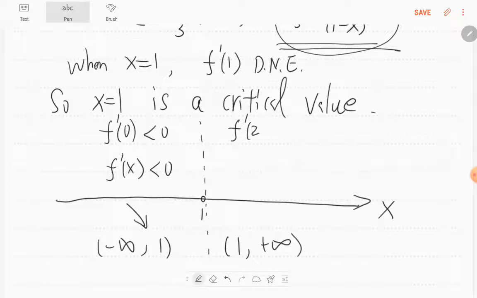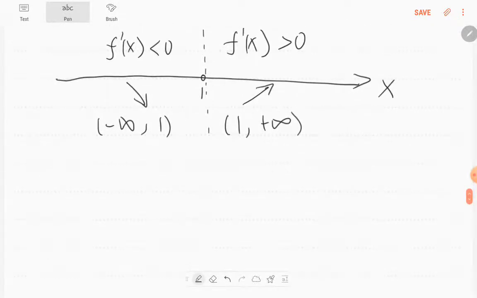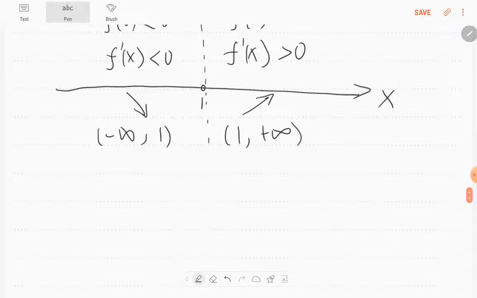Then you will see this would be a positive number, so on this interval it's increasing. So we know the decreasing interval is from negative infinity to 1, and the increasing interval is from 1 to positive infinity.